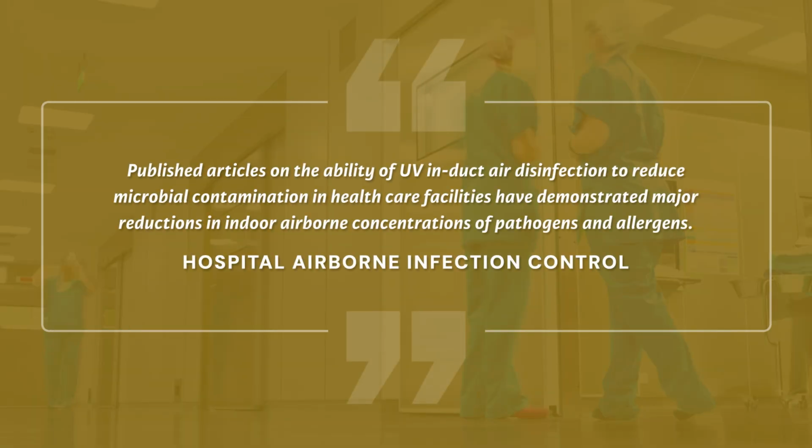Published articles on the ability of UV in-duct air disinfection to reduce microbial contamination in healthcare facilities have demonstrated major reductions in indoor airborne concentrations of pathogens and allergens. Hospital Airborne Infection Control.